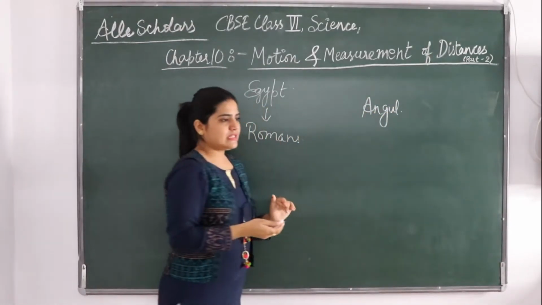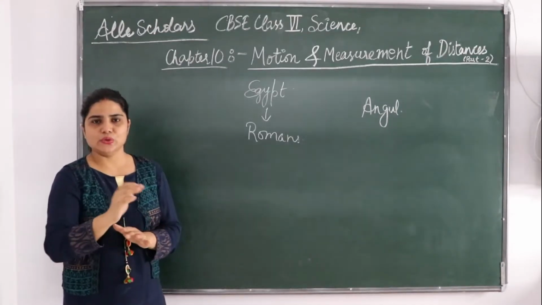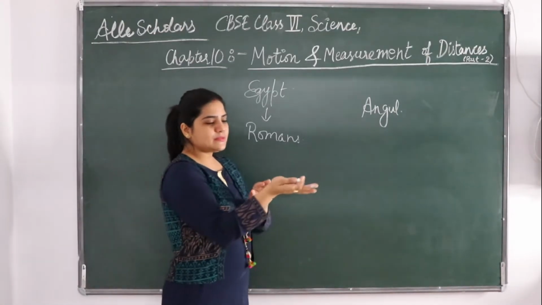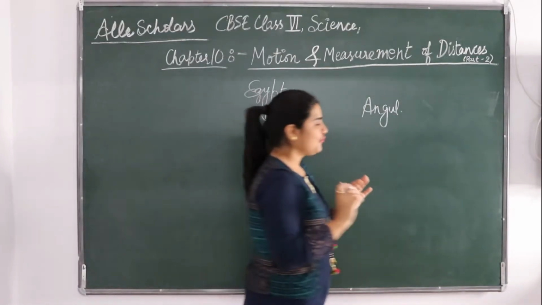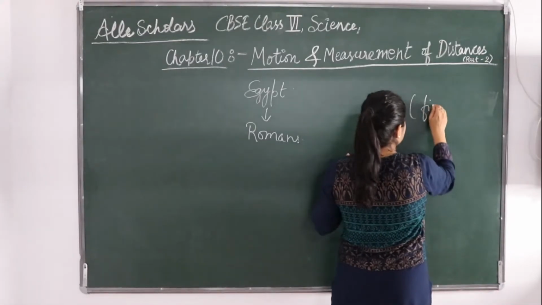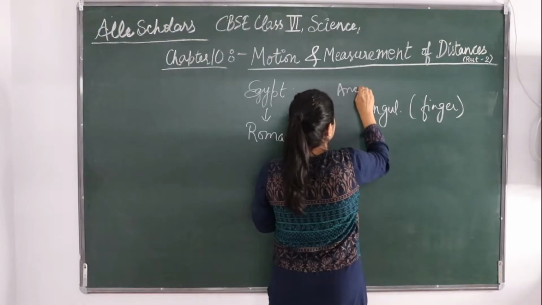You must have heard your grandmother and others saying ek angur, do angur. That angur is basically the finger. They measured using their finger. This was the measurement done in ancient India.